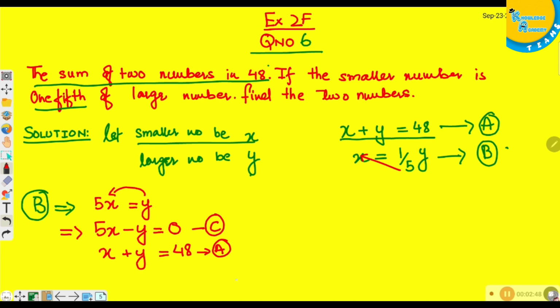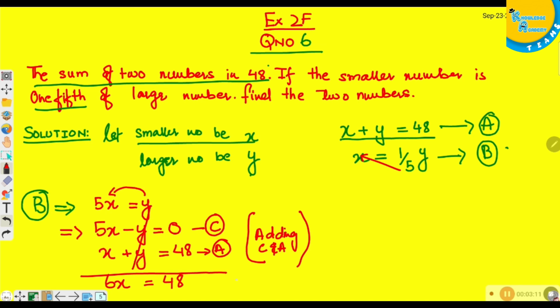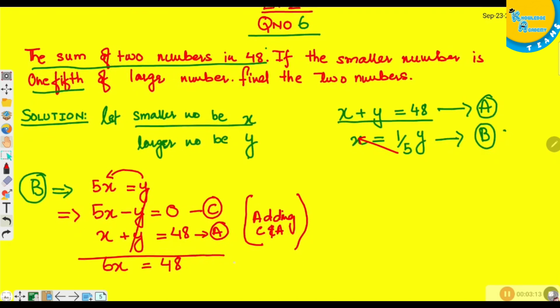I'm going to eliminate y by adding C and A. 5x plus x is 6x is equal to 48, which means x is equal to 8.